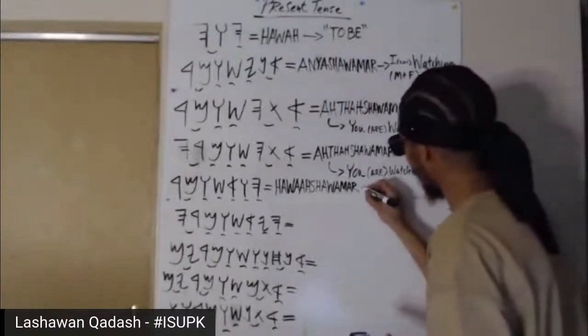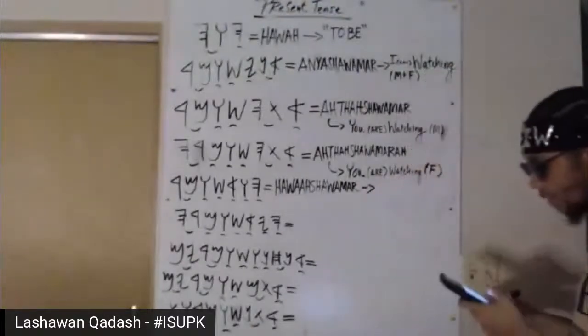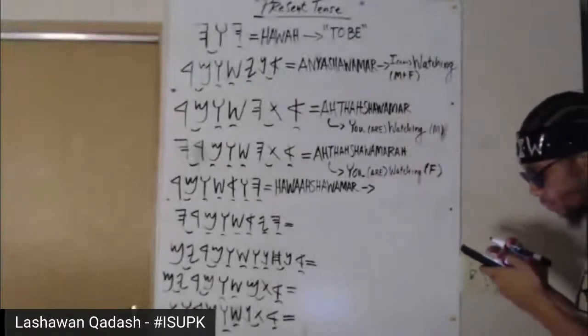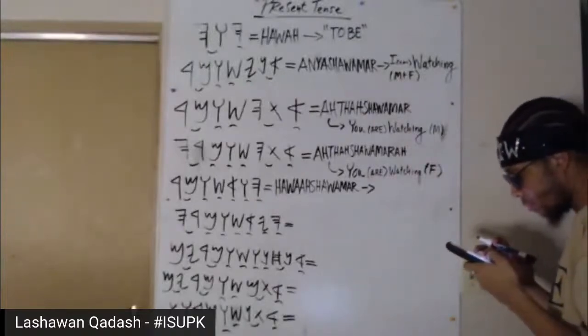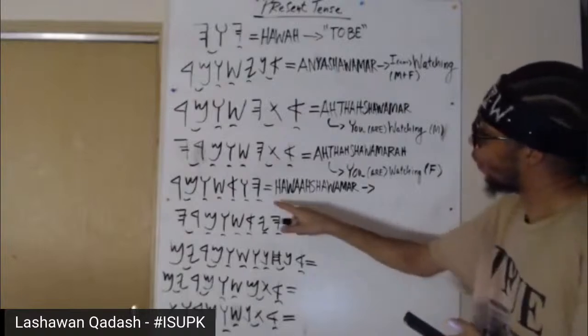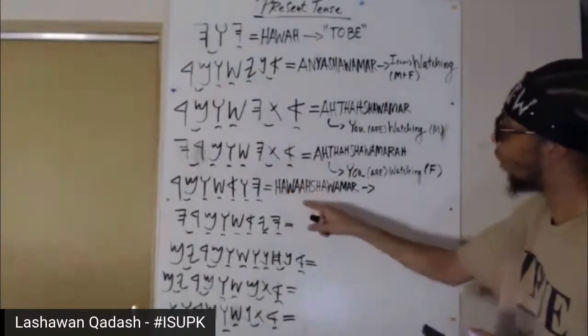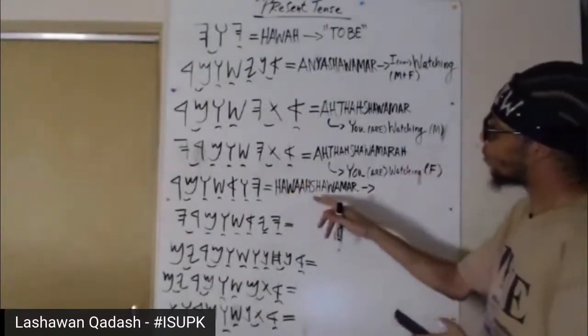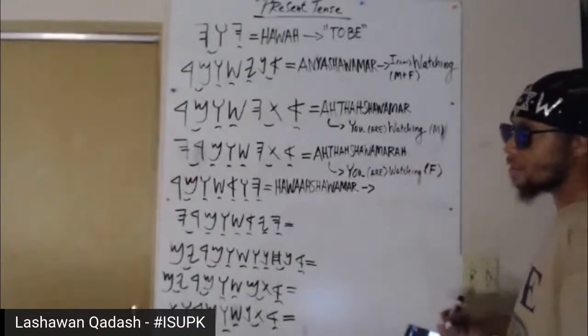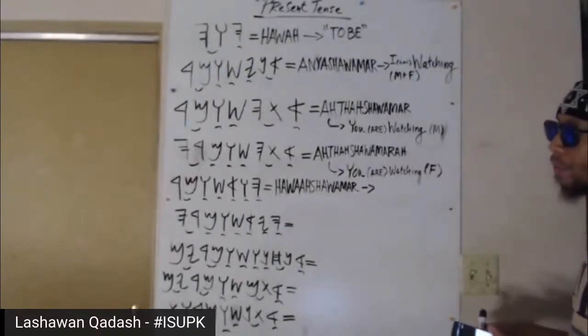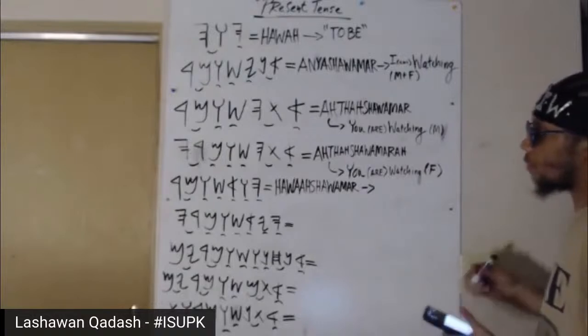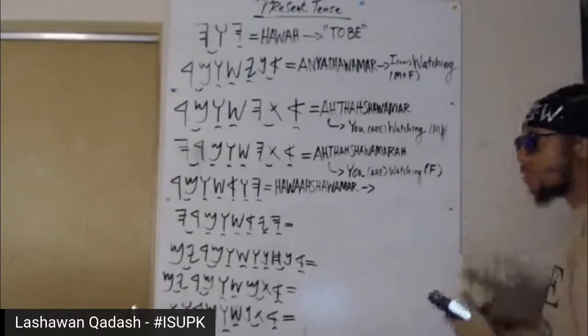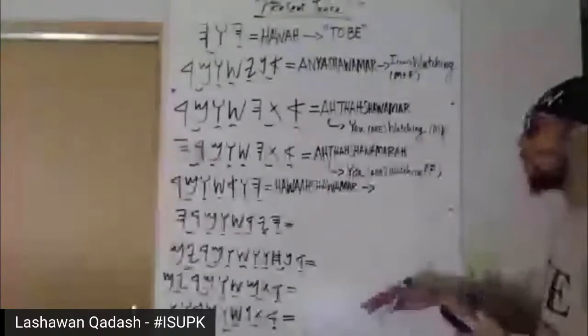What does that mean? Let's find out. Once again, we know that hawa means he. So shawamar is more of an action, right? Shawamar is watching. Shamar is watch, right?